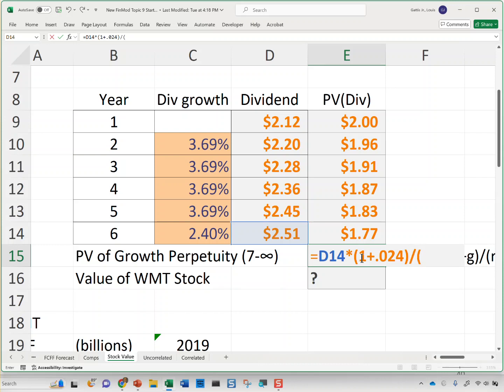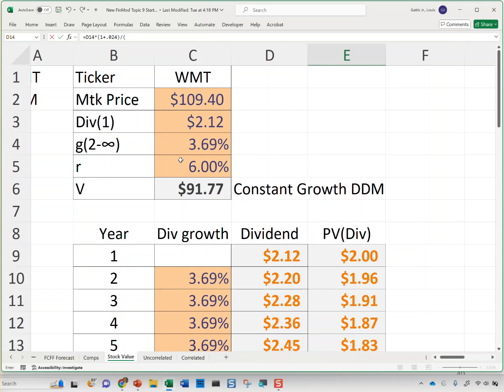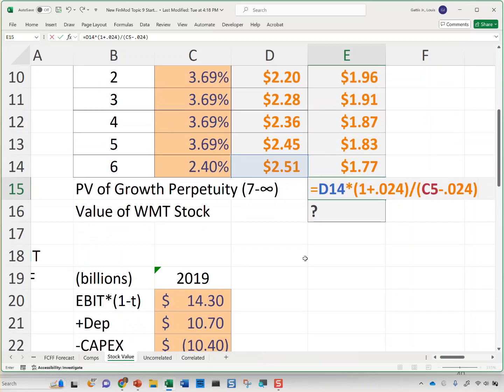I'll then divide that by R minus G, which is my 6% minus 0.024. Now, if I just have the year 7 dividend, which is the year 6 dividend times 1 plus the perpetual growth rate, and I divide it by the discount rate minus the perpetual growth rate, what this infinite growth, perpetuity model formula gives me is the valuation in the year before that dividend.